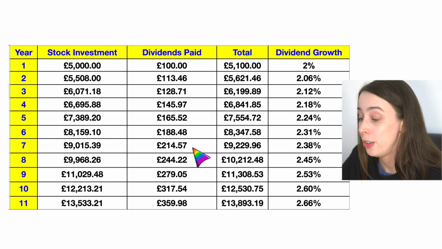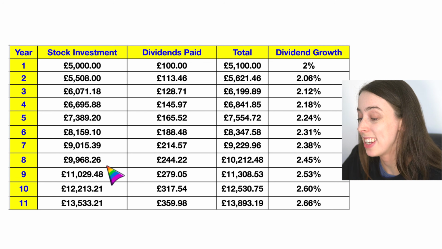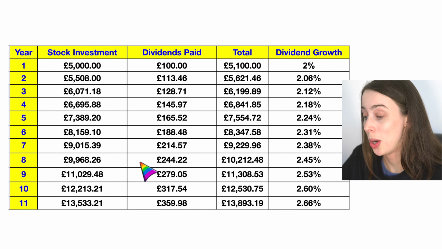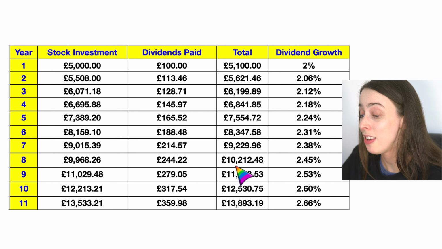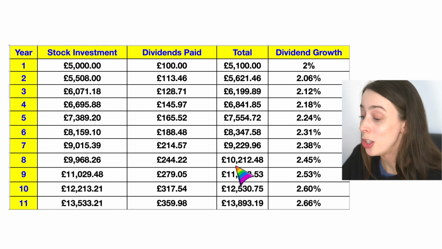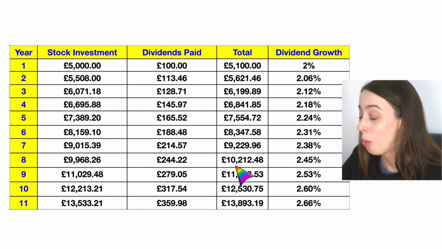If we jump ahead a few years, in year 8, you start the year off with £9,968.26. This time around, you're getting £244.22 in dividends, leaving you at the end of the year with £10,212.48.